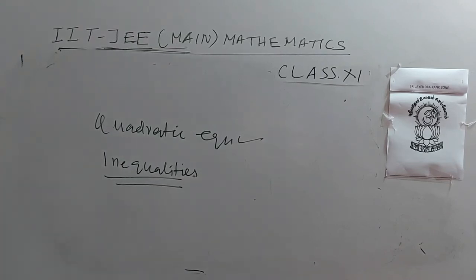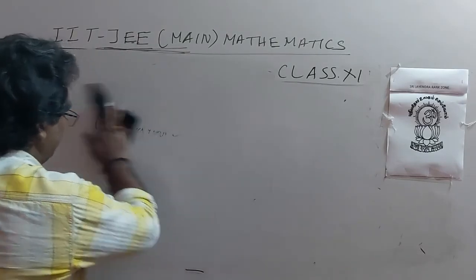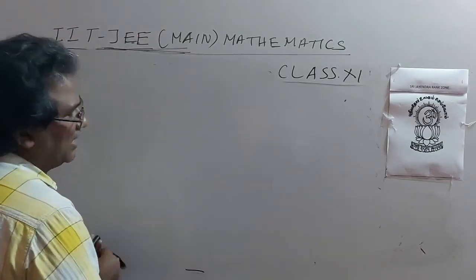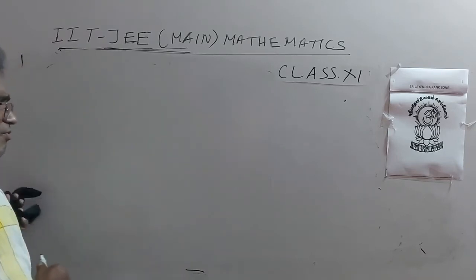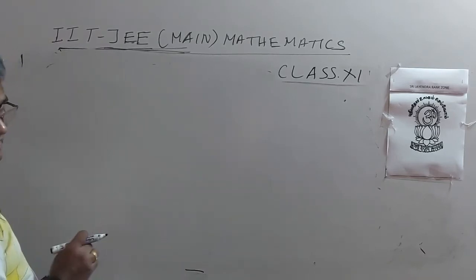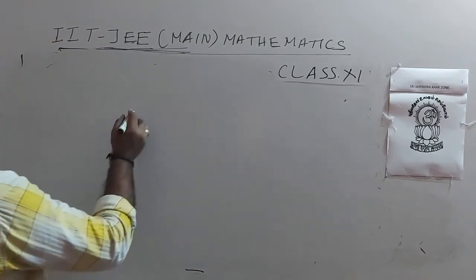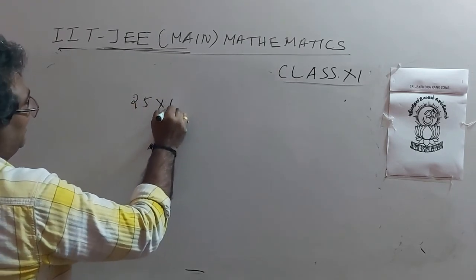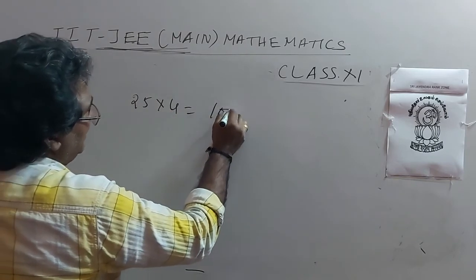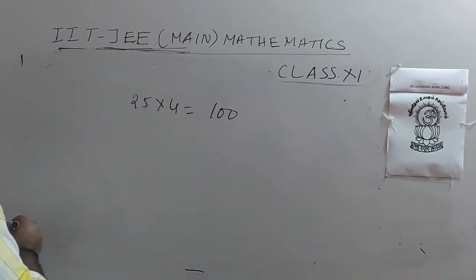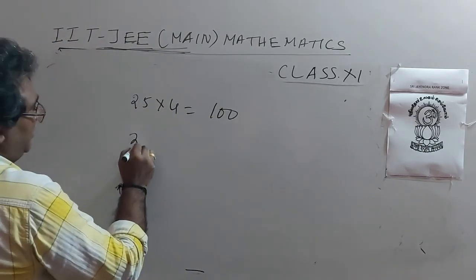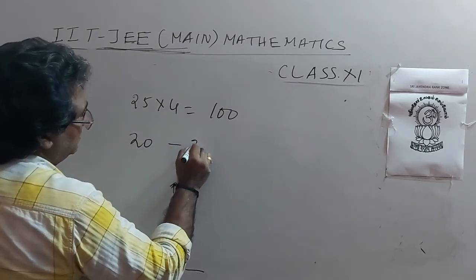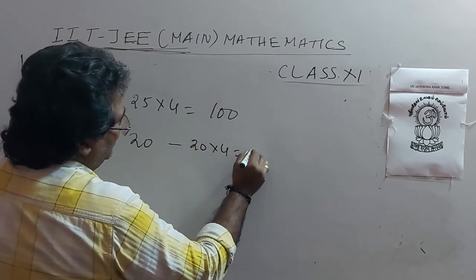To get a good score in mathematics, first you should be very thorough in formulae, basic concepts and definitions. Your paper will have 25 questions for mathematics carrying 4 marks, 100 marks in total. First 20 questions, 20 into 4, 80.